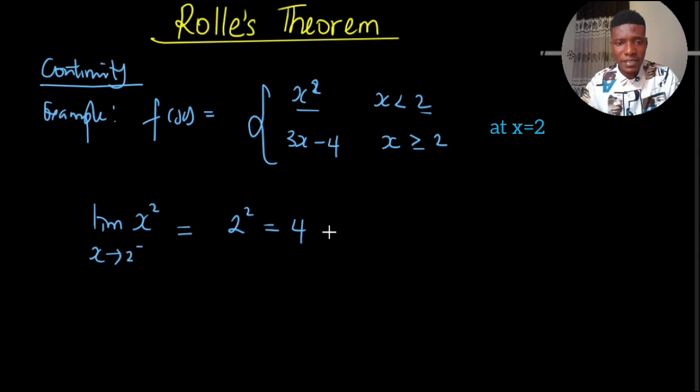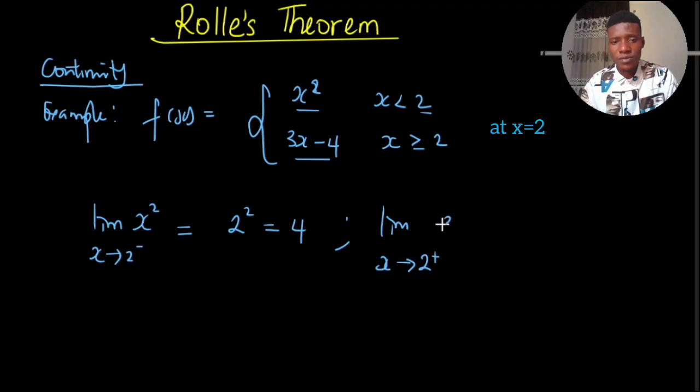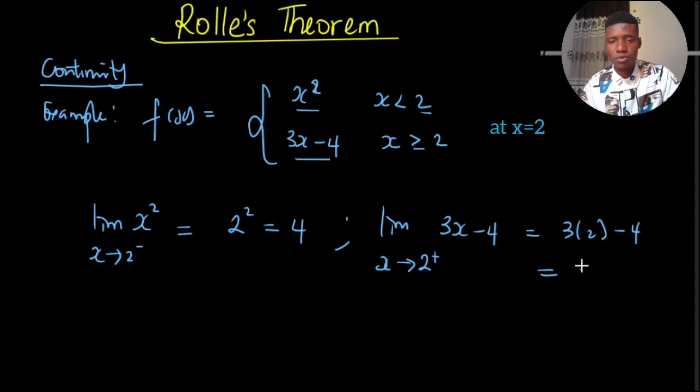You also test for the limit on the right-hand side. This formula considers the right-hand side of 2. That is, it considers 2 and the values above 2, so x positive. Now, for the limit, you are making use of this formula. If you slot in 2, 3 times 2 minus 4, your result will be 2.